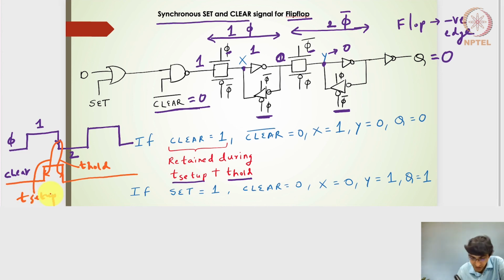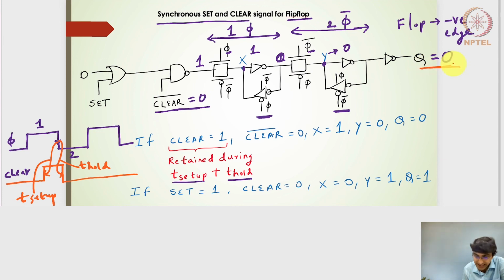It has to be pressed for this duration of t setup and t hold, so that the output of 1 is passed to the X node as 1, and after the inverter it is 0. And this 0 should be made available as soon as the negative edge transition appears, so that it passes across this transmission gate and makes Q 0.